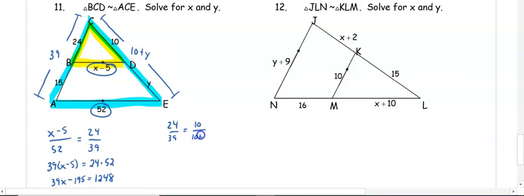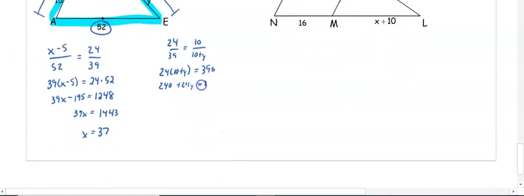So we would have 10 plus Y. So we get 24 times 10 plus Y is equal to 390. 240 plus 24Y is equal to 390. When we subtract 240, 24Y is equal to 150. When we divide, Y is 6.25. Or if we write that as a fraction, we would have 25 over 4.